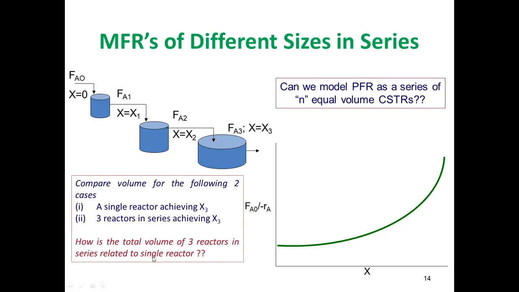Now, in this case, the tying factor that you will use is that in the scenario in which you have two MFRs, for example, in series, and you just have one MFR, which of the two will have a smaller volume? Will it be the two MFRs in series or the one MFR?